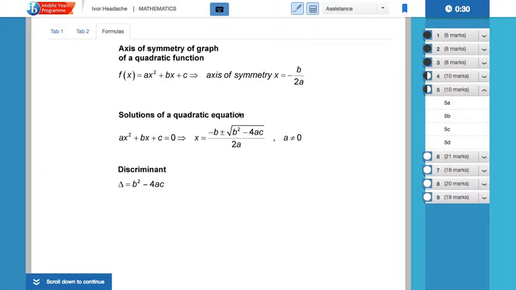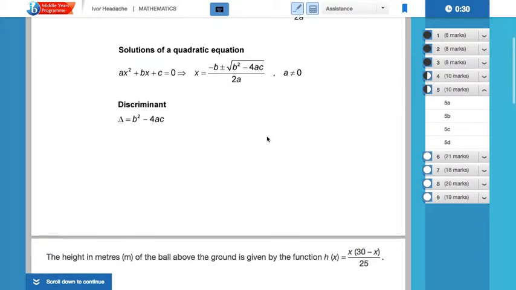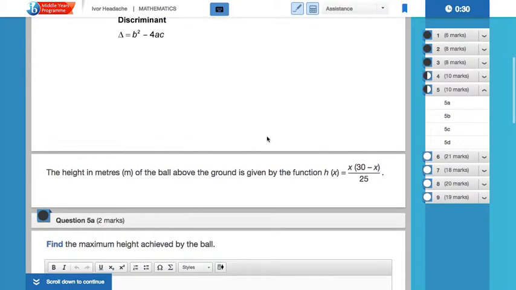We've got the good old quadratic formula, and then there's the discriminant, which is basically the square root bit in the quadratic formula. And the reason that's useful is if that's more than 0, then you know you've got something you can solve. But if it's less than 0, then you get the square root of a negative number and you've got something that can't be solved. We're not going to use that for this question though.